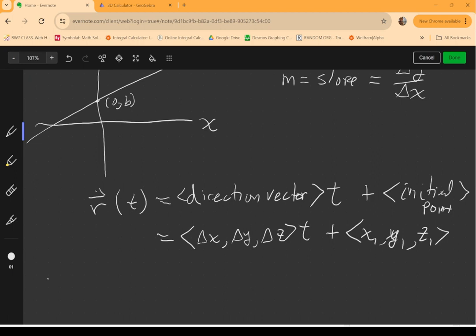So, an example, just making one up here. We have r of t equal to, let's just make some numbers up, <1, 2, 3>, which will be our direction vector, times t, plus some point on the graph, let's say <-1, -1, -1>. Now let's look at what that would look like.